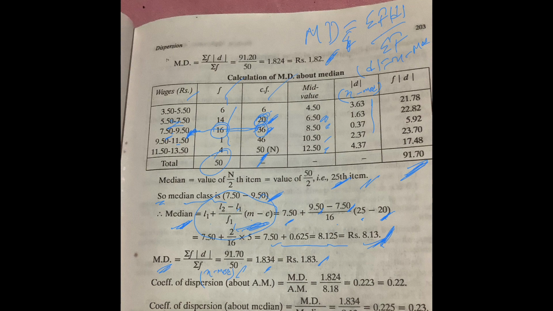Now you can also find the coefficient of dispersion. This is the coefficient of mean deviation about median. They have just written dispersion, actually we are finding dispersion only. So the coefficient of dispersion about mean and the coefficient of dispersion about median.